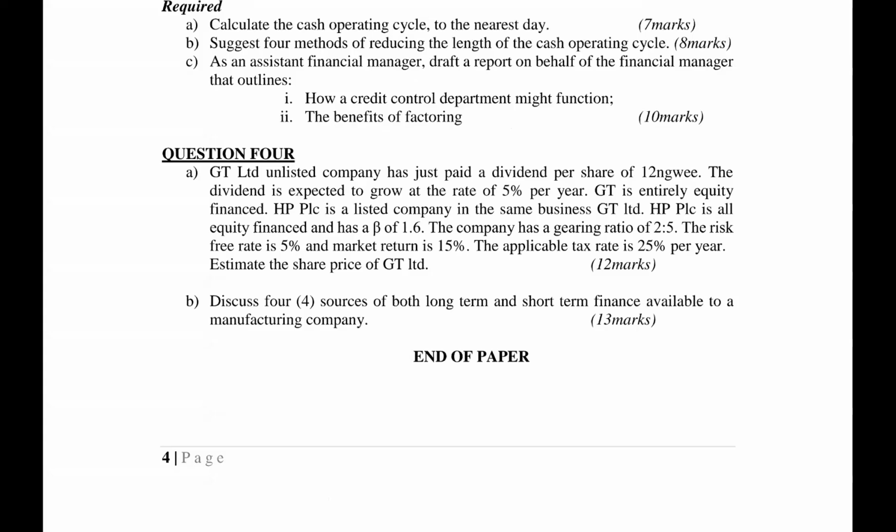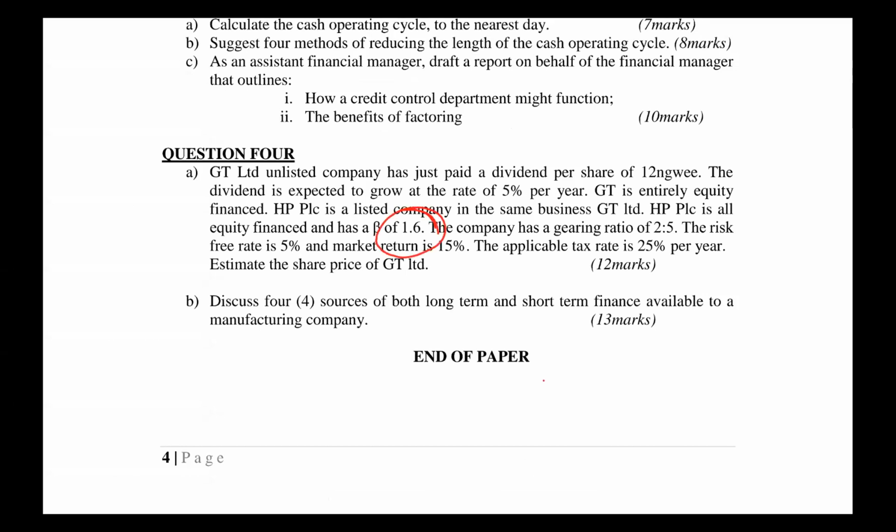So I was saying we need to ungear this beta. When we ungear the beta, what you're going to find is called the asset beta.